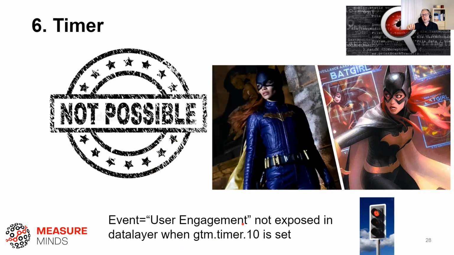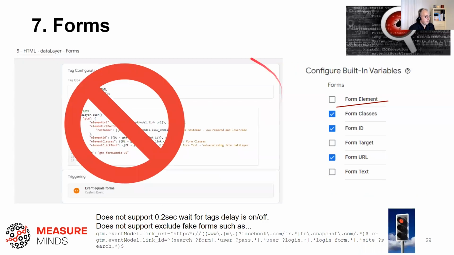You see a kind of event attached to the GTM initialize event, but there's not an actual other event that's pushed, and there's not a data layer field that I can tap into. So this one's basically not possible. A bit like Batgirl, it got cancelled. So it would be great if this value was exposed. It's not, so I can't map that to GTM because it's just not exposed in JavaScript.